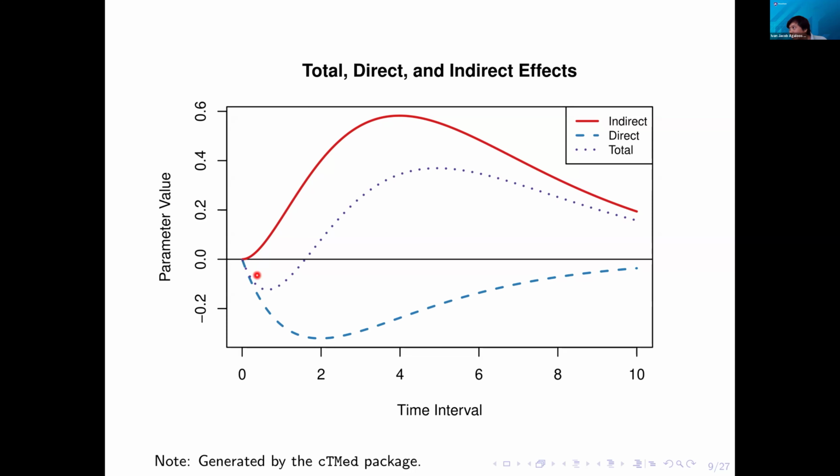But in the medium term, for example, around 2 to 5 hours, we can see that there's already an increase in the indirect effect, meaning that the association between stress and mood is starting to be mediated by your coping.